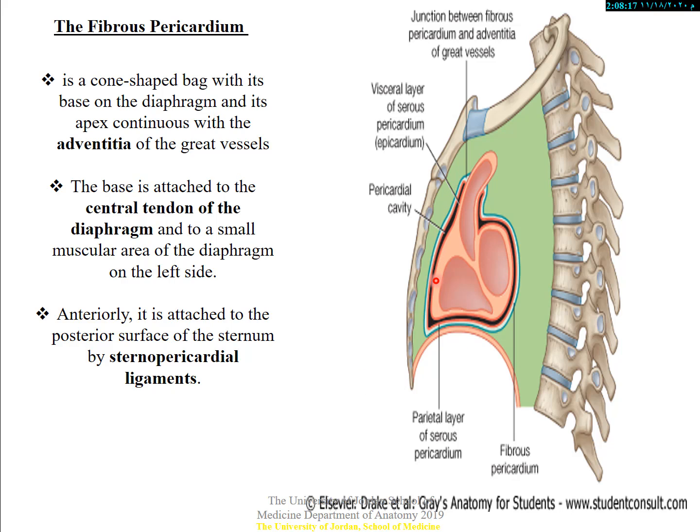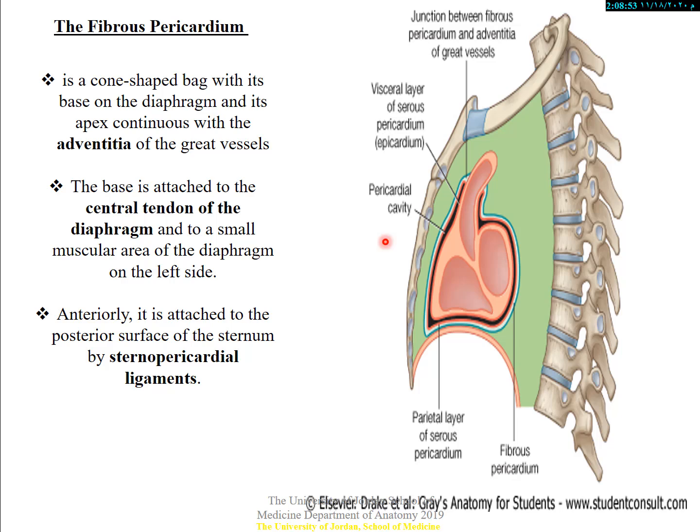So it is a cone shape, its base attached to the diaphragm and its apex continuous with great blood vessels, and also we will reflect this during our practical session. The base is attached to the central tendon of the diaphragm and to a small muscular area of the diaphragm on the left side. Anteriorly, it is attached to the posterior surface of the sternum by sternopericardial ligaments.